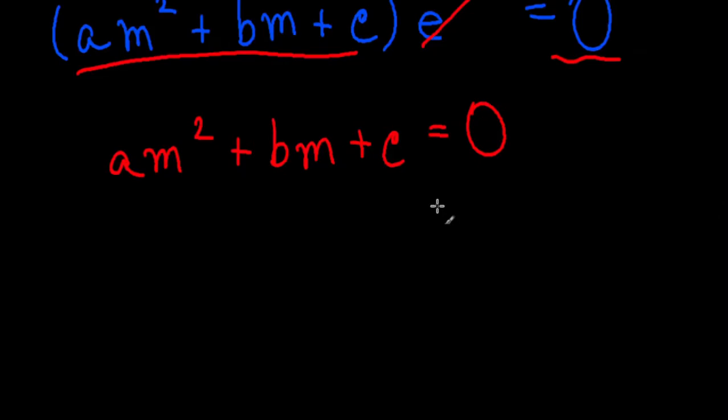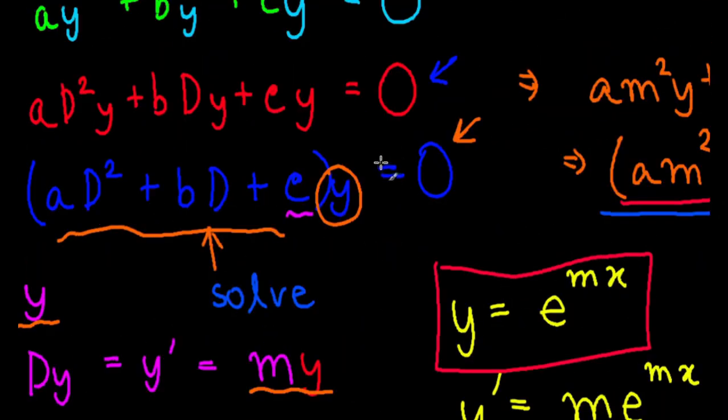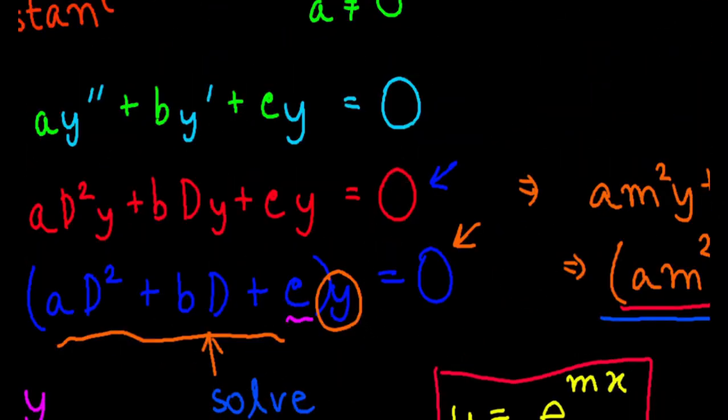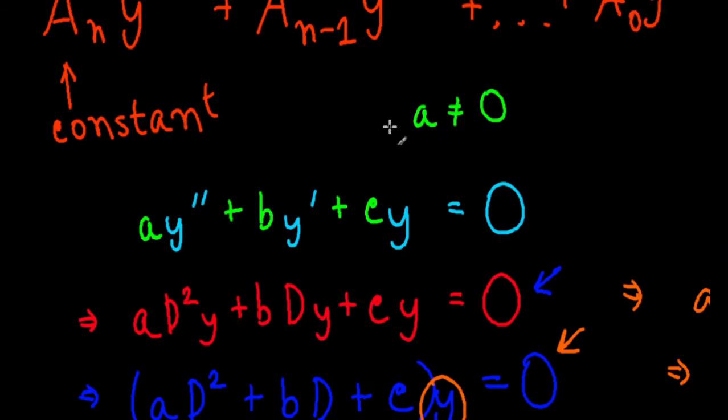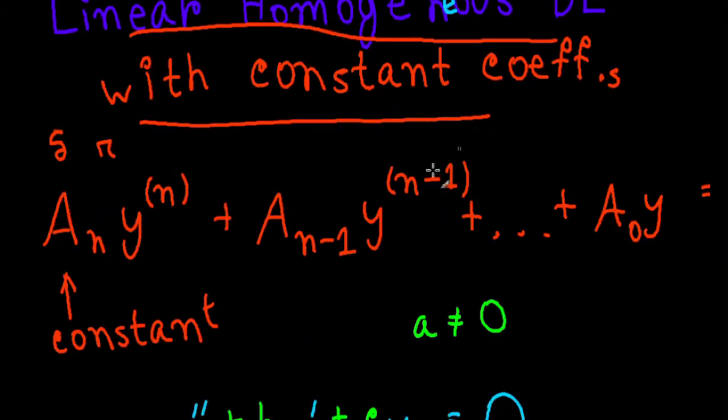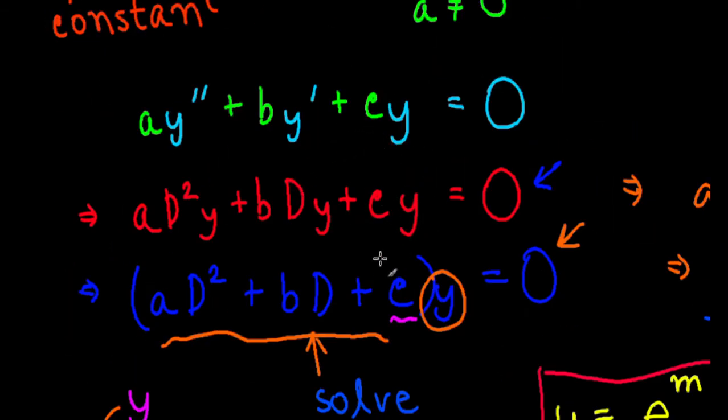Now this is pretty interesting. I wanted to think a bit about what we have done so far. All that we did is, we took our second order linear homogeneous differential equation with constant coefficients.